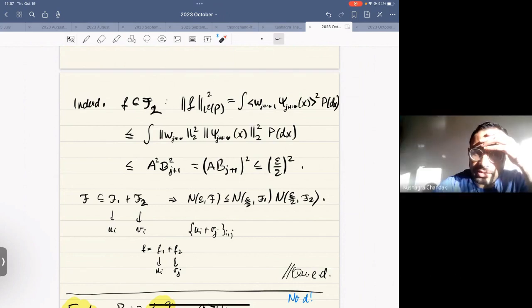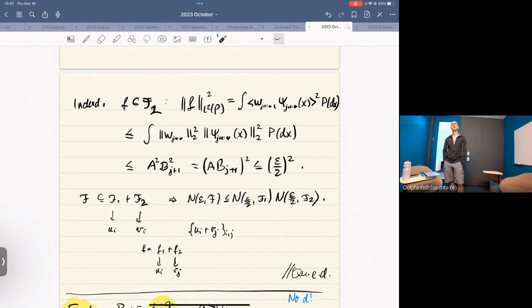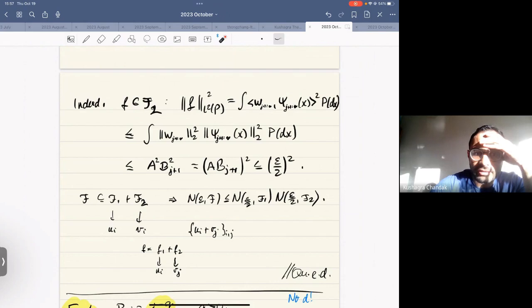How is this related to that, or is there any relation? I don't think it's related. In the final result there was some A squared B squared over epsilon squared for the metric entropy bound, so the bound that you showed today.